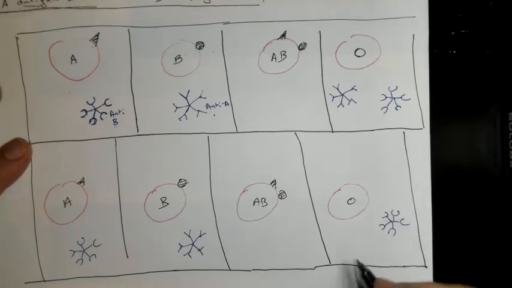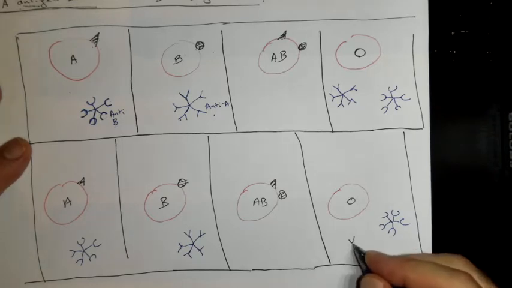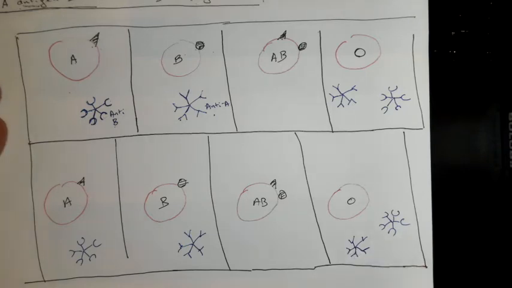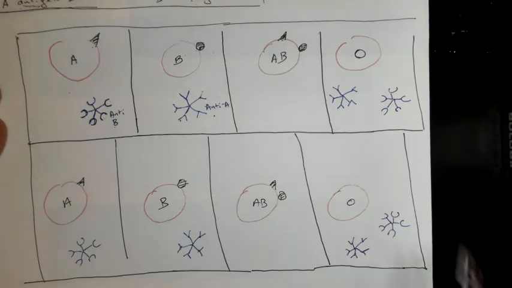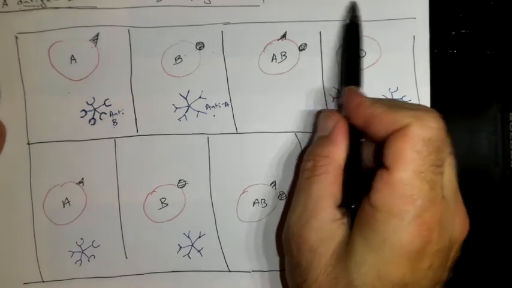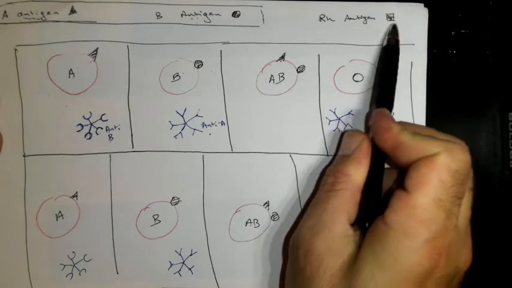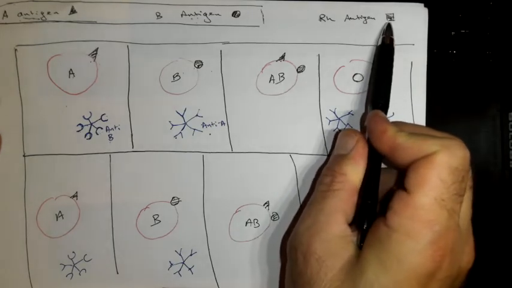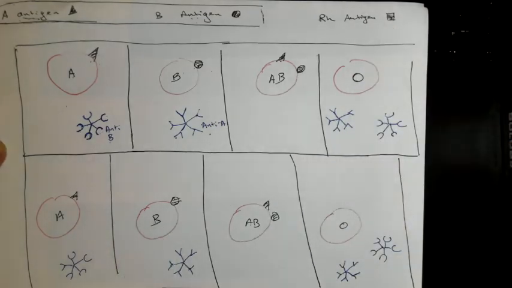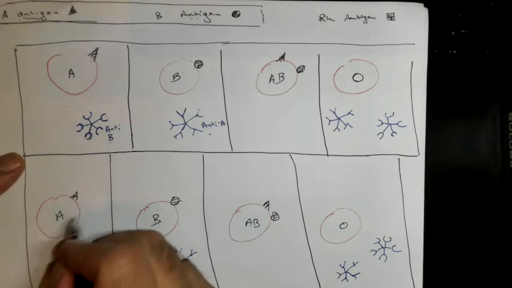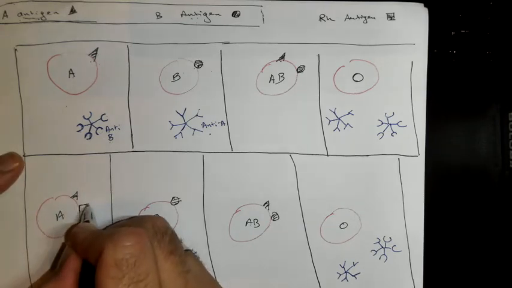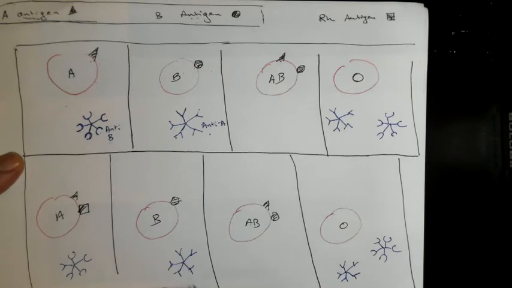So right now we've just basically redrawn what is above, but now we're going to alter it a little bit. So now we're going to put in this Rh antigen, which is this square shape that's going to stick out on the surface of these RBCs. So there is one right there, and I'm going to do this for all of them.